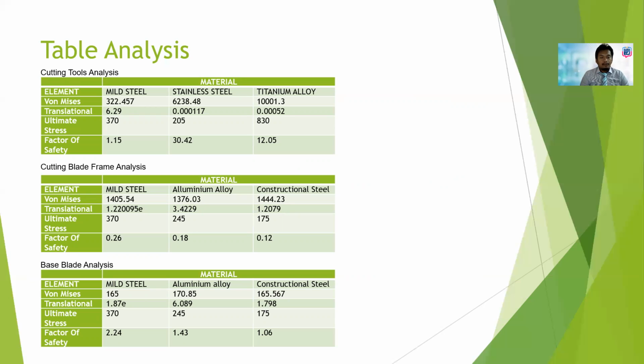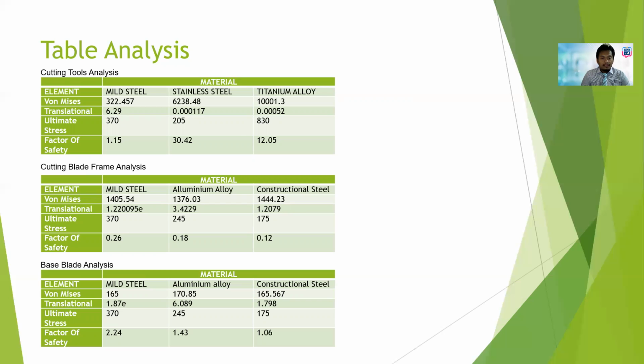From all the data that we got from the analysis, we come up with the factor of safety. The factor of safety for cutting tools using mild steel is 1.15. The safety factor for stainless steel is 30.42, and the safety factor for cutting tools using titanium alloy is 12.05.